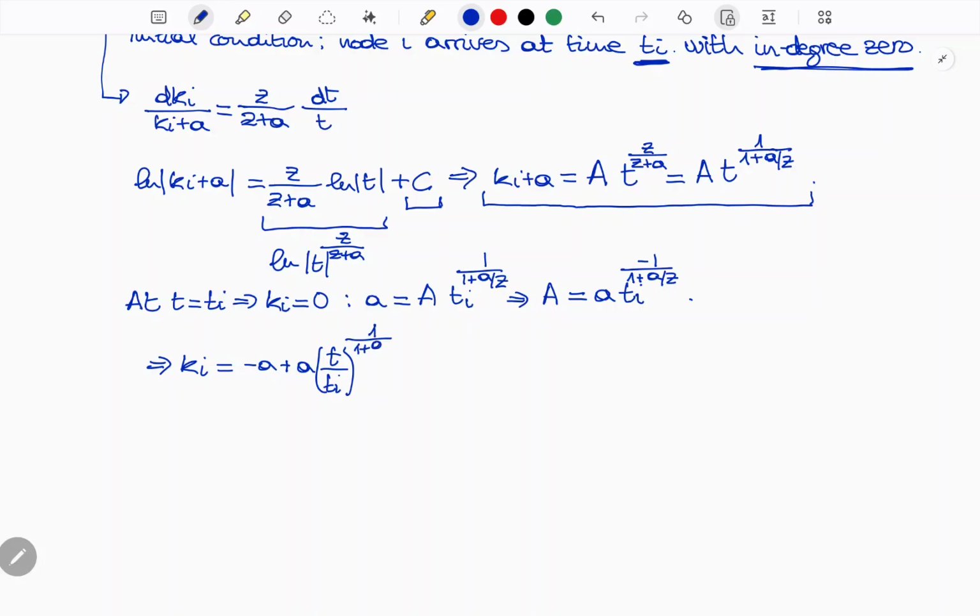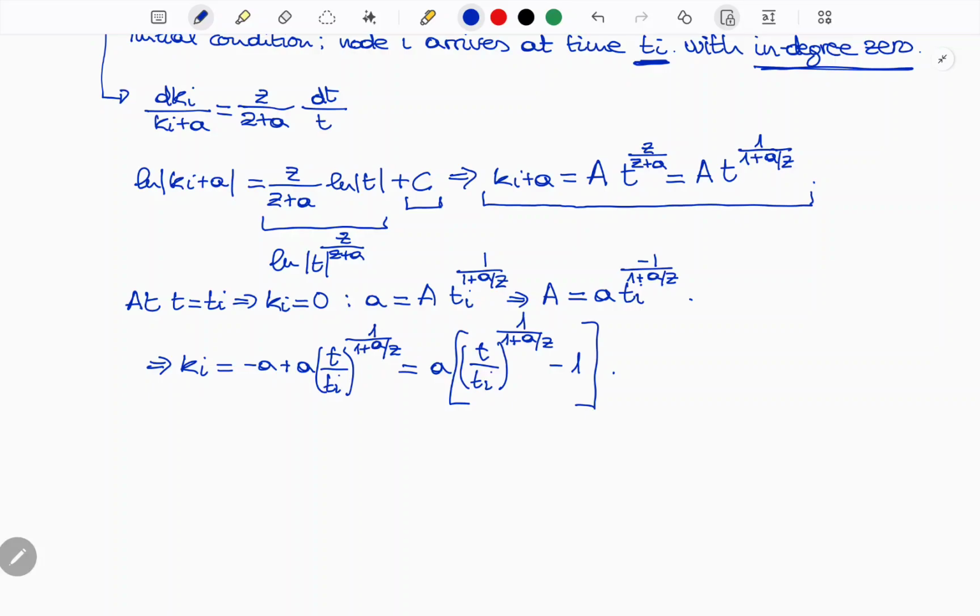I can also rewrite this expression taking a as a common factor: t over ti to the power of 1 over 1 plus a over z, minus 1. And this is the final expression of ki, the in degree, in terms of the initial time and also the ending time.